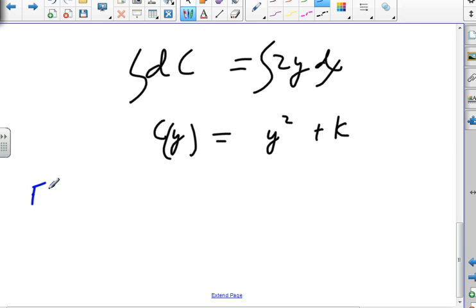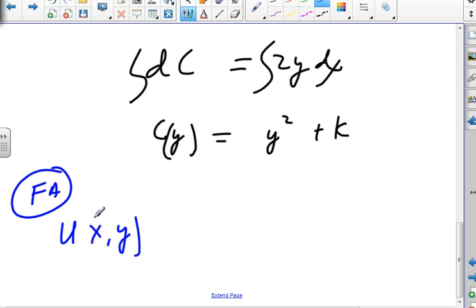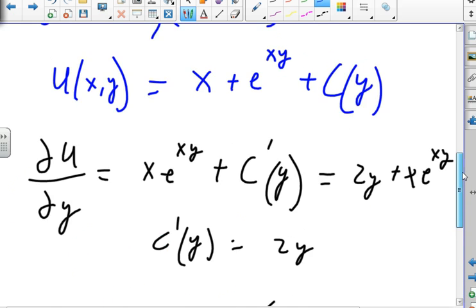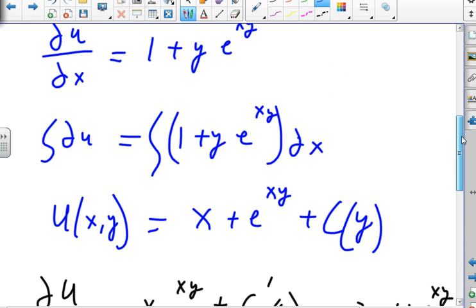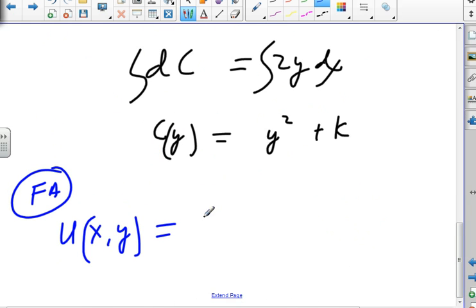Final answer. U of xy equals, what does it equal? x plus e to the xy plus y squared plus k. Okay, so that's my final answer. I'm going to check my work.